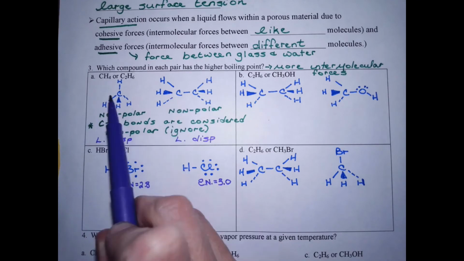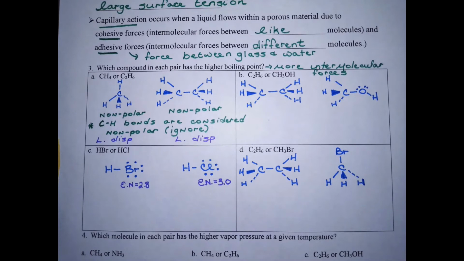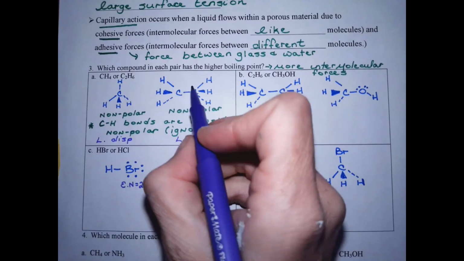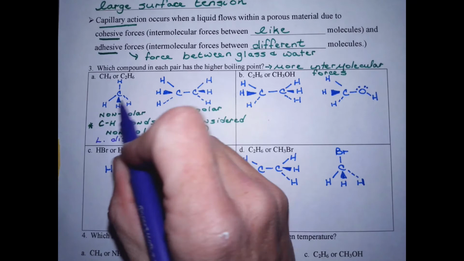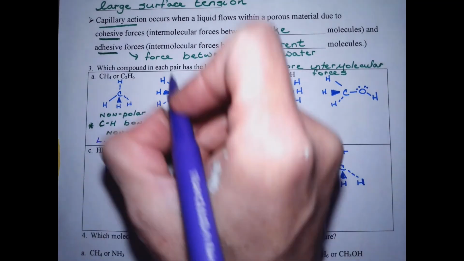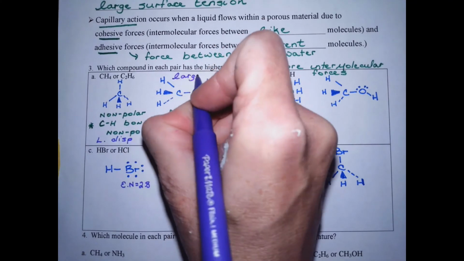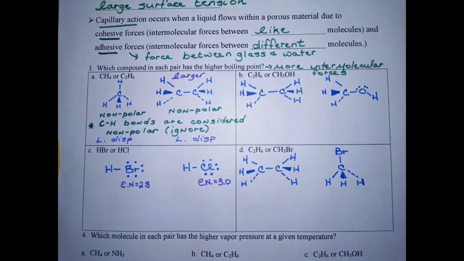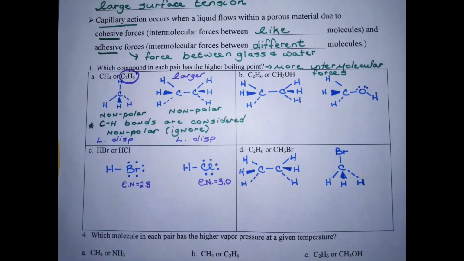We have a tetrahedral carbon here, and here we have two tetrahedral carbons. So not much going on with shape, so I'm going to give it to size. This ethane is a much larger compound, almost twice the size of this one. So over here we have larger London dispersion because of the larger size, which means C2H6 would have the higher boiling point.